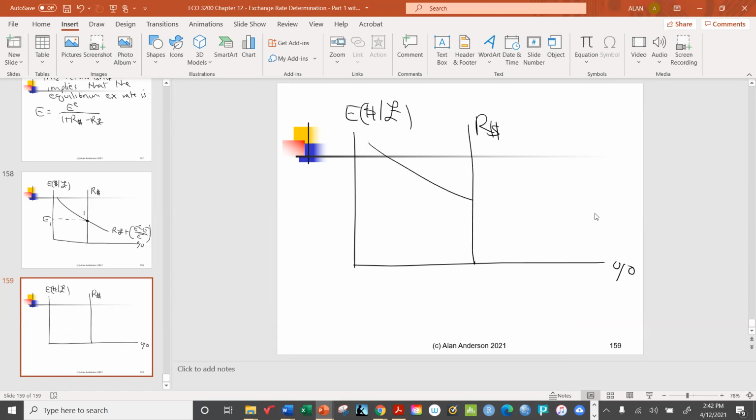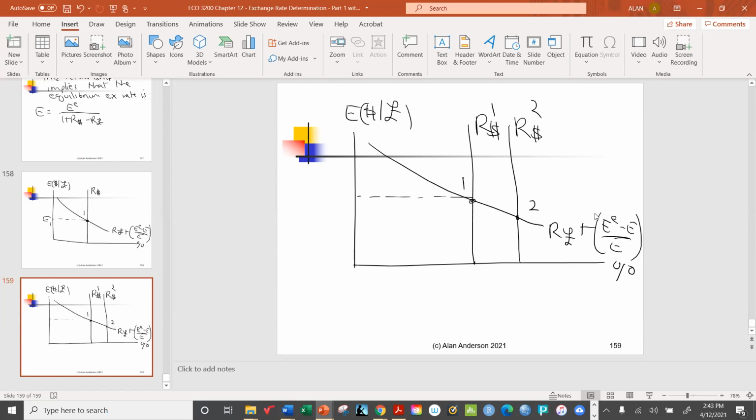And that can happen because, let's say, the Federal Reserve System decides to tighten up or loosen monetary policy. So if we started here, let's say the US rate goes up, this is where we wind up. So point 2, the dollar stronger.